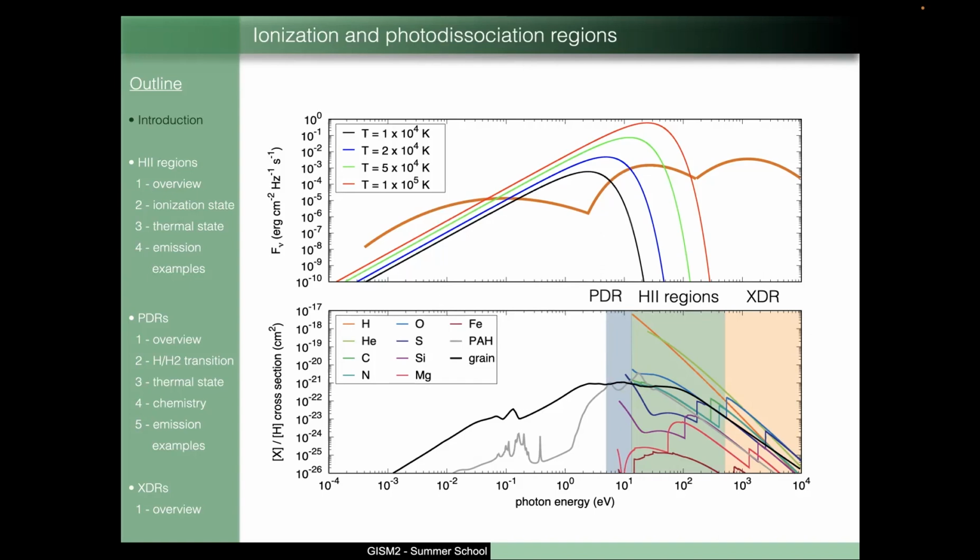What will happen to the photons? According to this figure, the first photons that will be absorbed are photons between 13.6 and a few hundred eV, because this is where the cross-sections are the largest. And they will be absorbed solely by 3 species: H, helium, and helium plus.